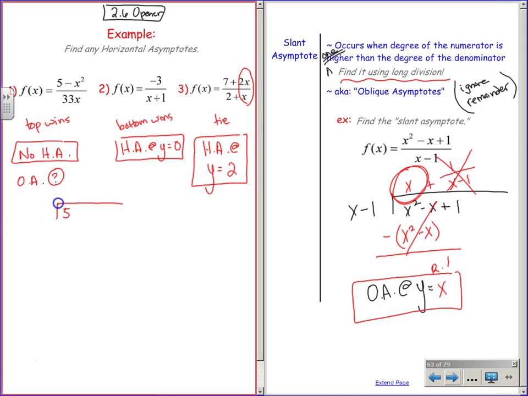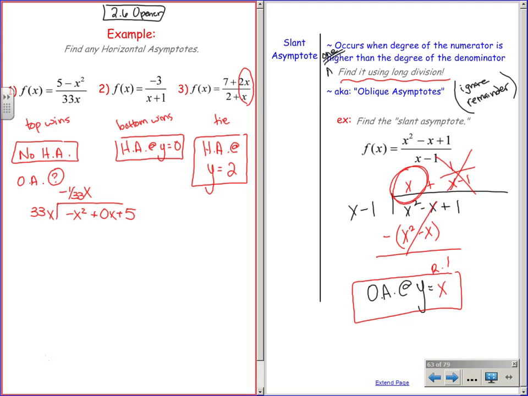We don't write it as 5 minus x squared. We write the highest degree term first, even if we don't like them. Write the other guy out here. Oh, why is there a 33? Well, how do we make it match? You guys might not like it, but does that make it match?